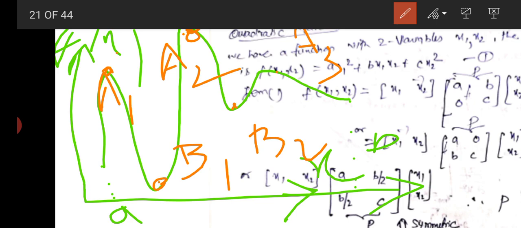Now come to the condition for finding the maxima or the minima. Before going into the details of that, I want to discuss the quadratic function, which is very important.